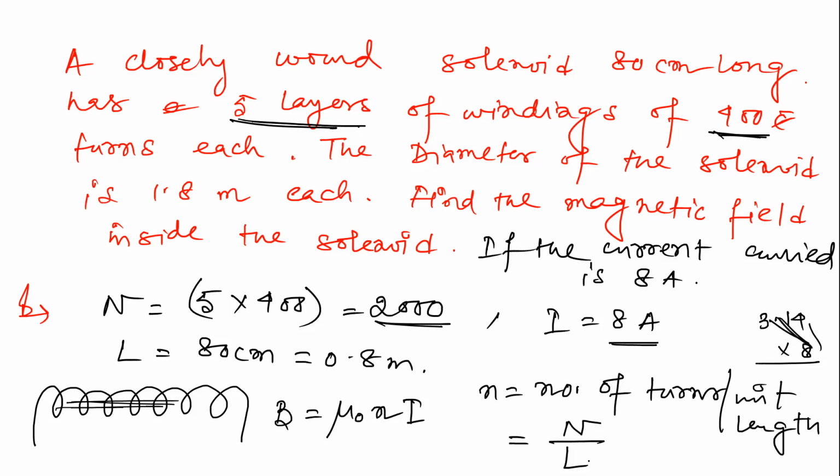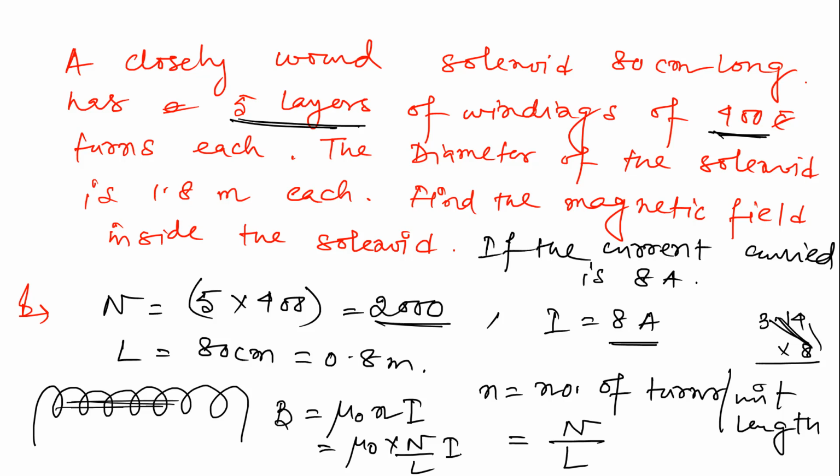So I can modify the formula: it equals mu naught multiplied by N by L multiplied by I. So that thing we can write down, right? Now if you substitute all the values in that mathematical expression, you will get everything. In the next page I am going to substitute all the values. That is, B equals mu naught multiplied by N by L multiplied by I.